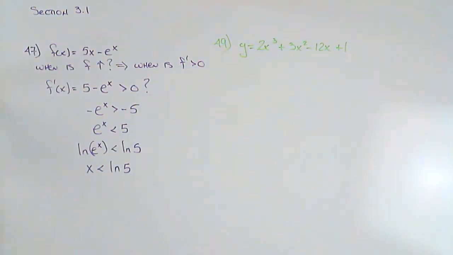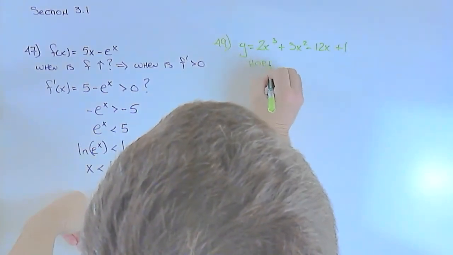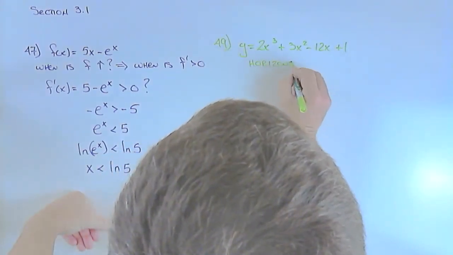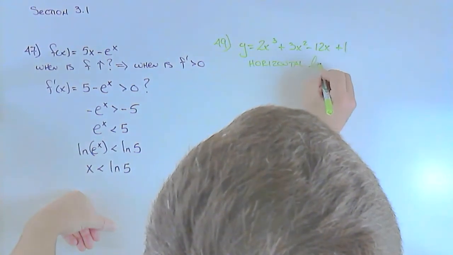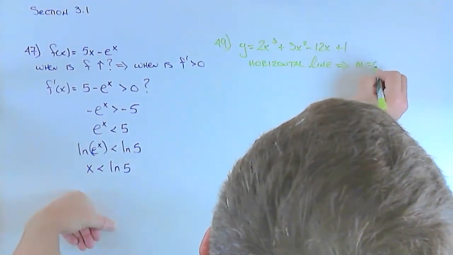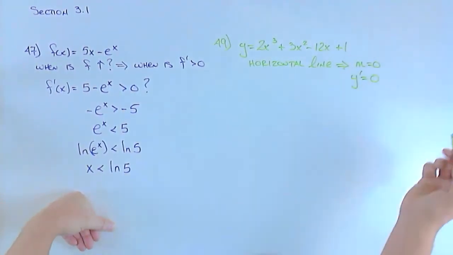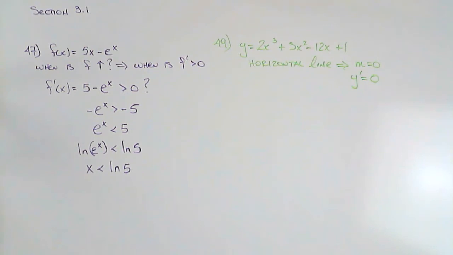And it says, when is the tangent line horizontal? Well, we know what horizontal lines mean. That means the slope is 0, i.e., what this problem is saying is when is the derivative equal to 0?